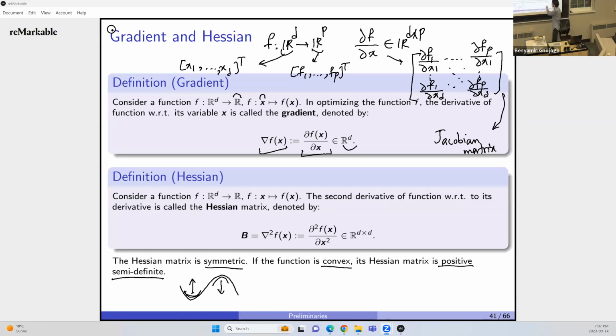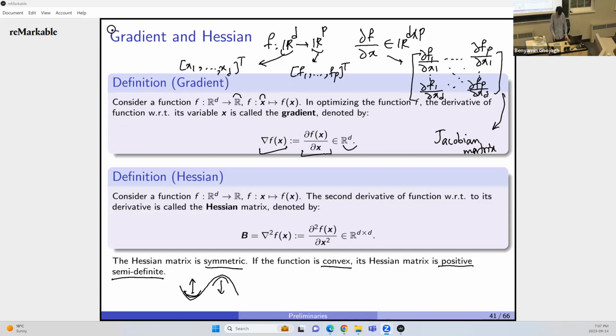In multi-dimensional functions, we don't say that the second order derivative must be positive or negative, because the second order derivative is a matrix, and we don't say whether a matrix is positive or negative. We say whether a matrix is positive semi-definite or not. So if it is positive semi-definite, it is facing up. If it is negative semi-definite in a region, in a neighborhood, in that region it is facing down.